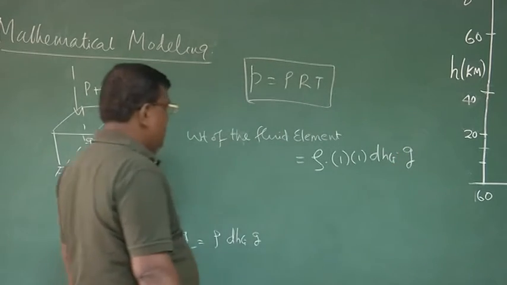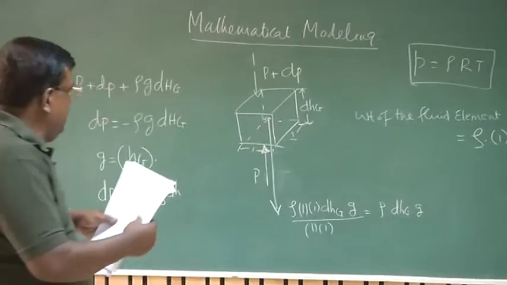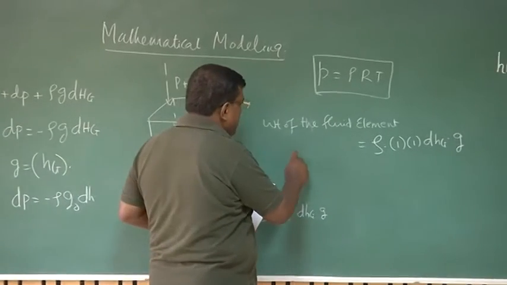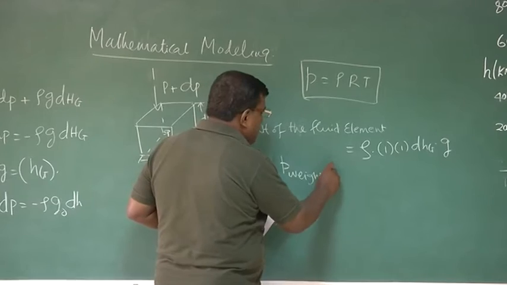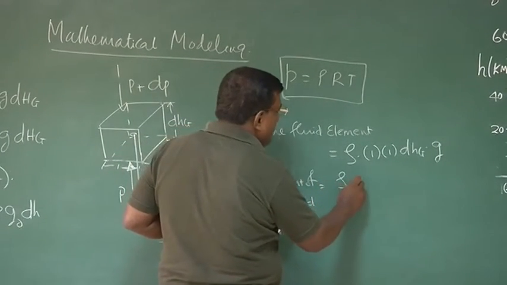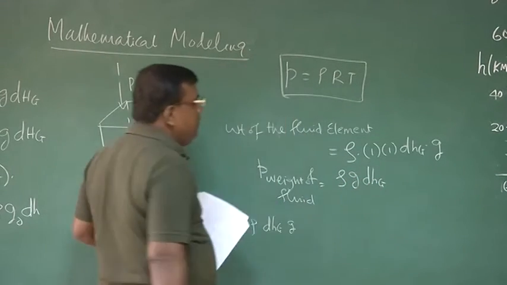This is the weight of the fluid element. And this weight is acting on unit area, 1 into 1. So the pressure because of this weight of fluid, in this case it is air, will be rho g dHg, because area is 1.